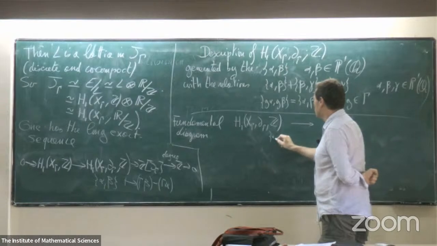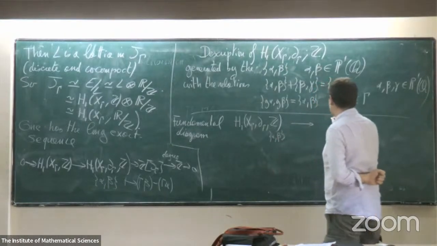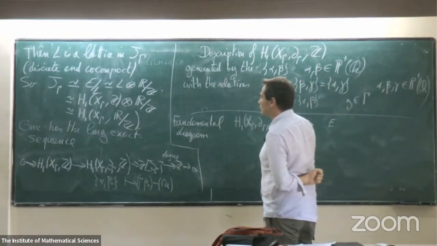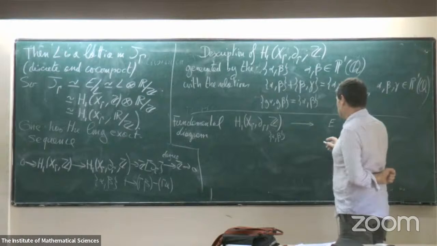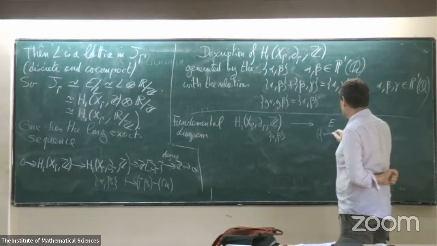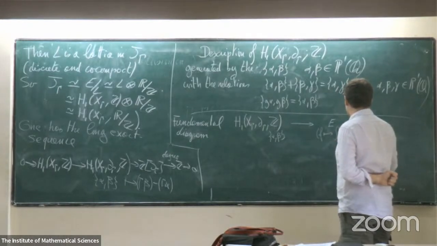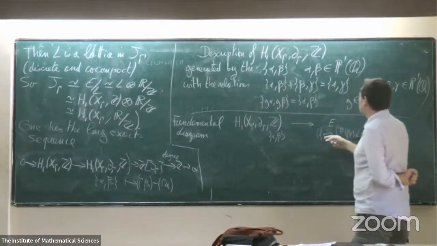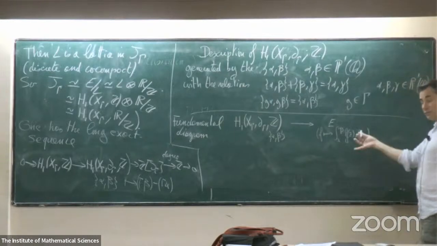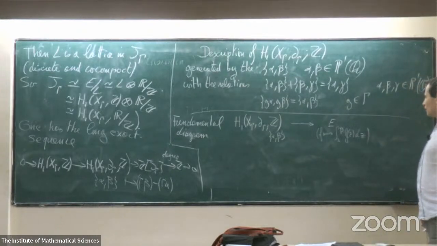Which to alpha beta goes to E, by the map which to a modular form F associates the integral from alpha to beta of f of z. So it's not an integral over a closed cycle because this cycle is not necessarily closed, but it's well defined. So that's one thing.